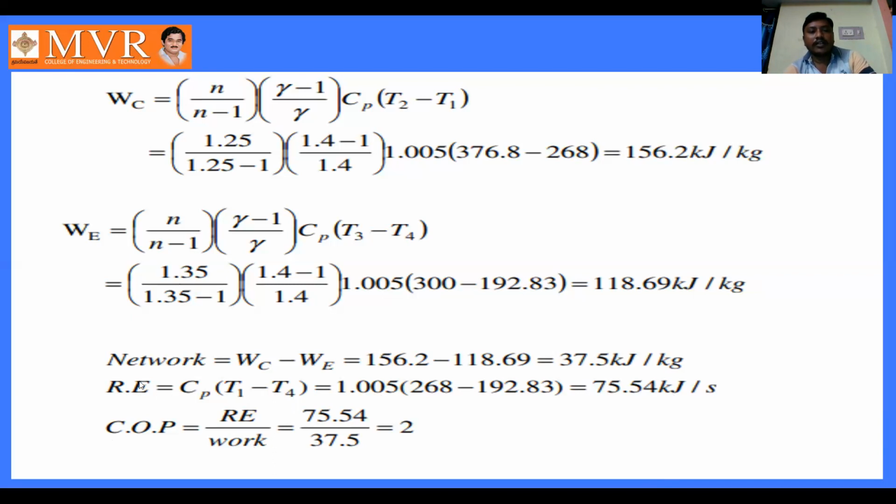And the work done we have already calculated: the net work done is 37.5. Hence we have substituted here, and then we have got the coefficient of performance as 2.